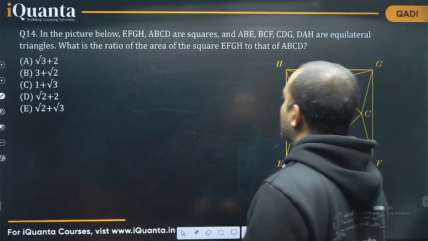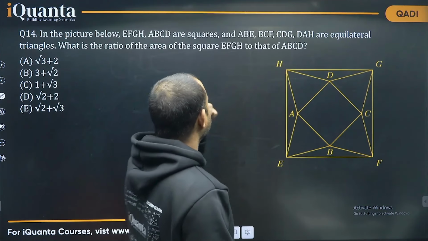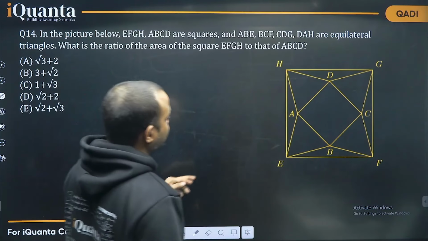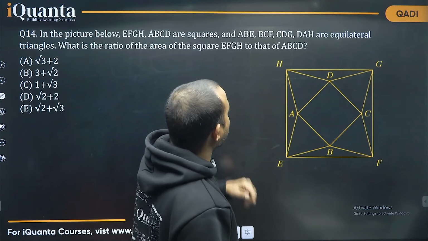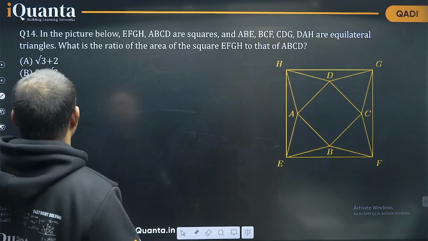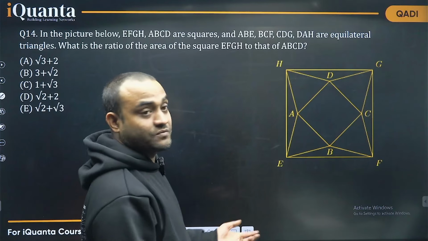In the picture below, EFGH and ABCD are squares, and ABE, BCF, CDG and DAH are all equilateral triangles. What is the ratio of area of square EFGH to that of ABCD?